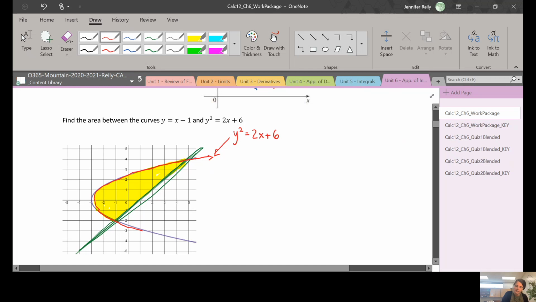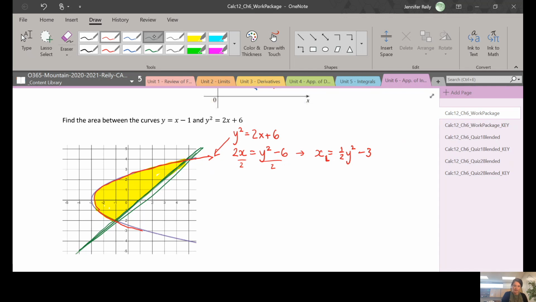I'm going to move the 6 to the other side. So I'll have 2x equals y squared minus 6, and then divide everything by 2. So I'll have x equals 1/2 y squared minus 3. Okay, so that function is the xl. That is the function on the left of the region we want to find the area of.